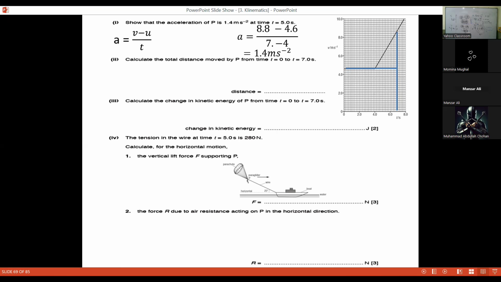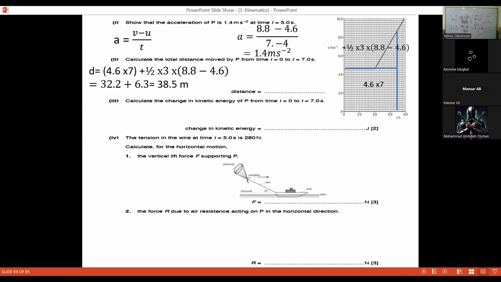Or you can take a trapezium if you want to and a rectangle. कोई भी शेप बना सकते हैं। I think if I take a rectangle and triangle, that is more convenient. It will be 4.6 times 7 for the rectangle, and for the triangle it will be half base into height. Height will be 8.8 minus 4.6 and base will be 3. 7 seconds तक. Add them up and you get the total distance.